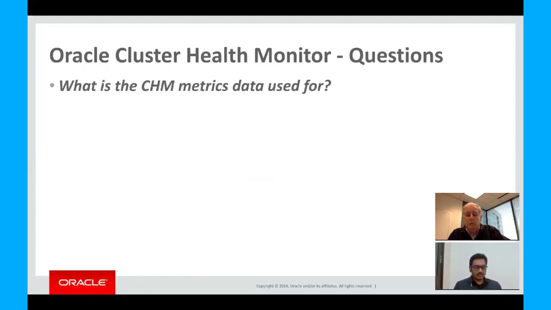Another component that uses CHM is CHA, Cluster Health Advisor. It uses our data and then combines it with DB metrics to give smart alerts and recommend actions. And there's another component that also uses CHM, which is Memory Guard.